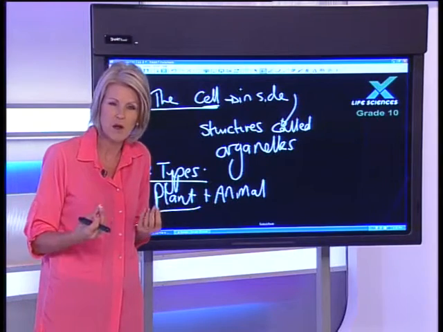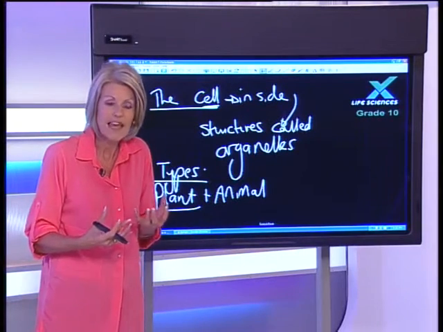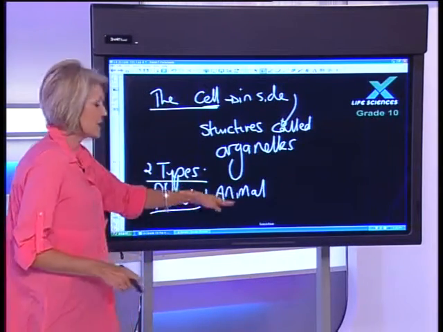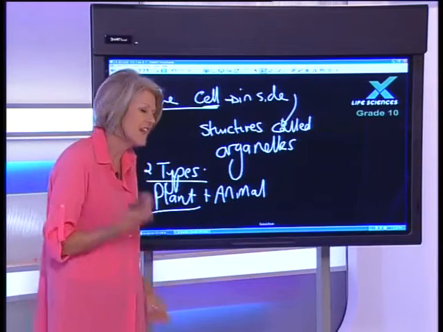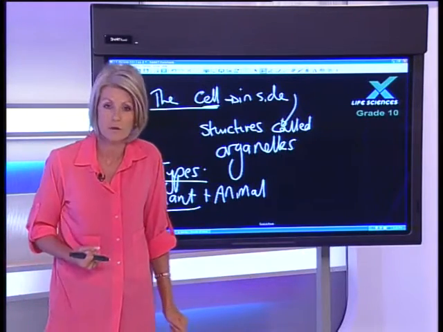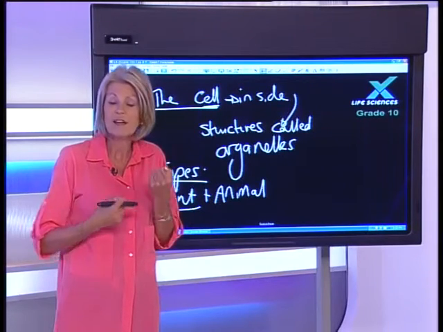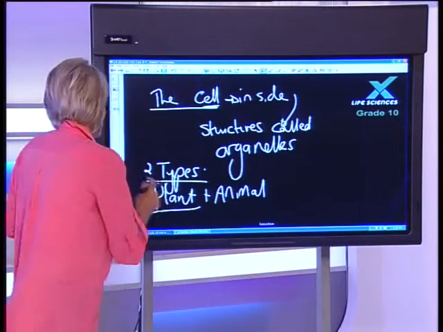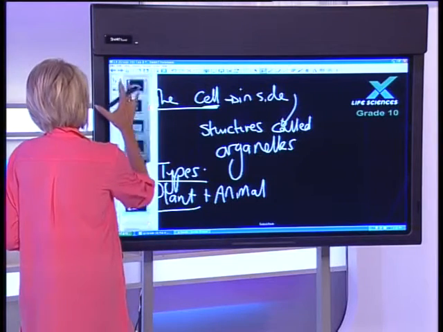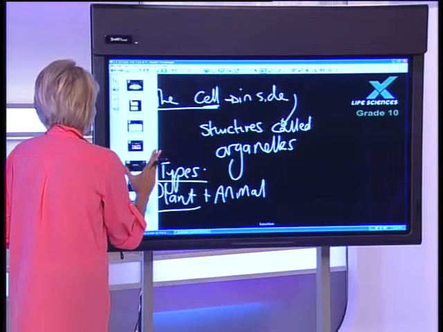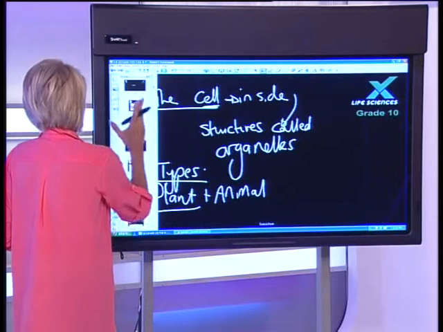That's what makes a plant cell what it is. And different to an animal cell, because an animal cell never, ever, ever has a cell wall. Now, the cell wall in a plant is made of cellulose, and it is able to assist the plant in helping it with its structure.